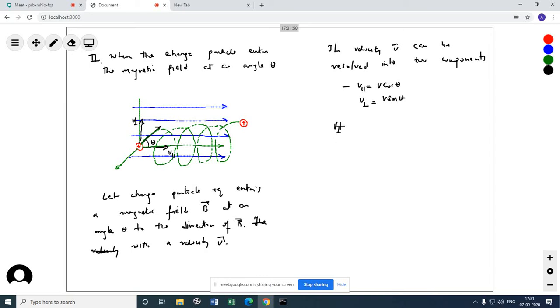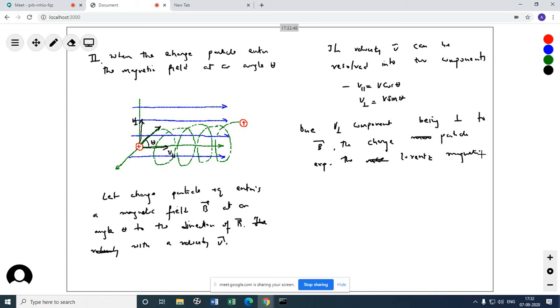The V perpendicular component, being perpendicular to the B magnetic field, means the charged particle experiences the necessary Lorentz magnetic force.